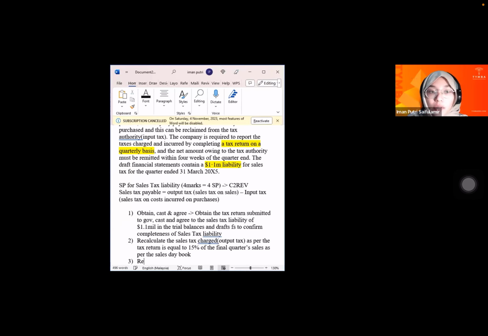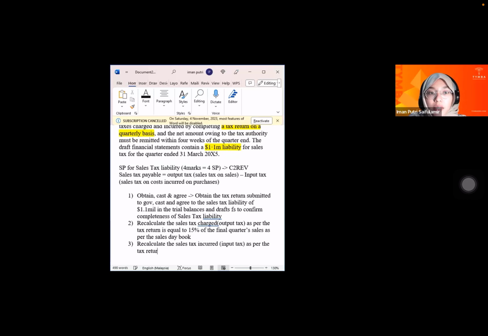Now we recalculate the sales tax incurred. Sales tax incurred is basically the input tax. As per the tax return, it is equal to 15% of the final quarter's purchases as per the purchase day book.